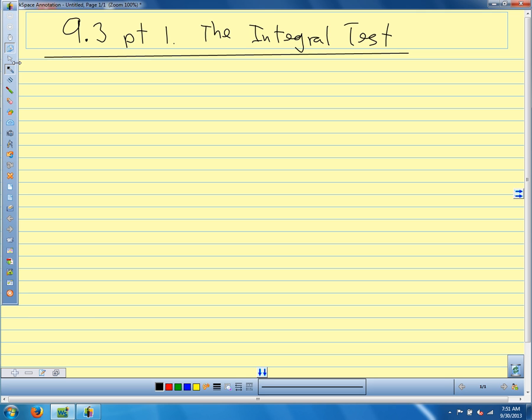And then really the rest of the chapter is different shortcuts rather than trying to find the limit of the sequence of partial sums. We find these shortcuts that allow us to do the same thing, just in a different way.